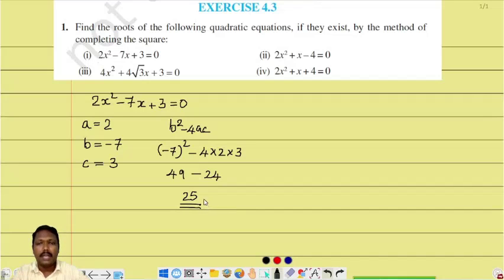Okay. Now, if the roots exist, we have to find them by formula. The quadratic formula, we can write x is equal to minus b plus or minus root of b squared minus 4ac, all divided by 2a.